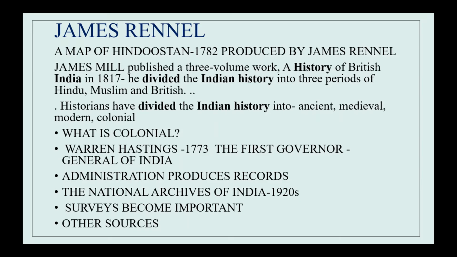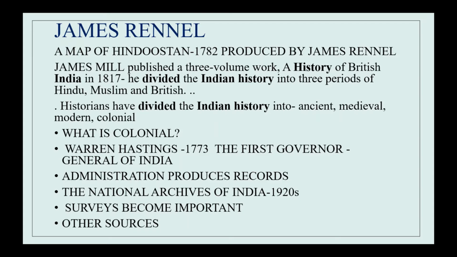Let me ask you a question. Who was James Mill? James Mill was a Scottish economist and political philosopher, right? And James Mill published a 3-volume work. What was his work? A History of British India. In which year did he publish? 1817. And also James Mill divided the Indian history into how many periods? 3 periods.